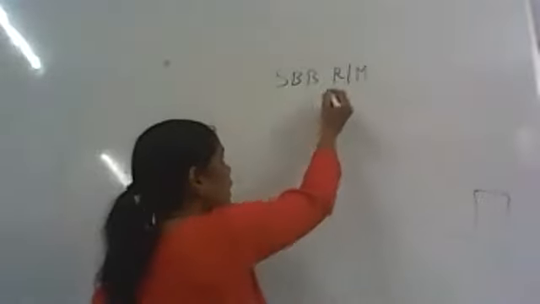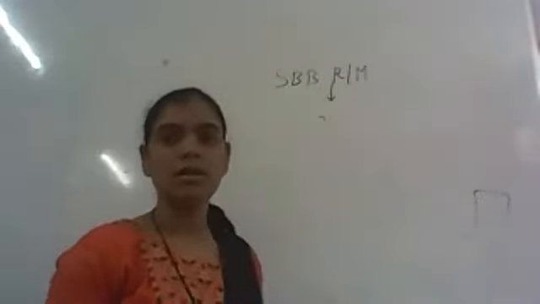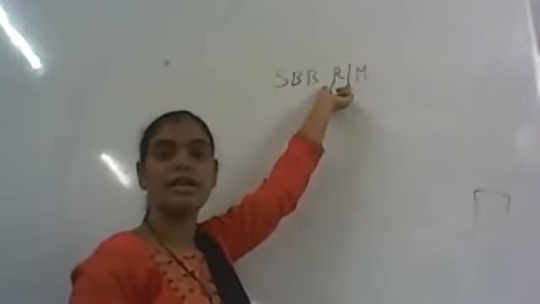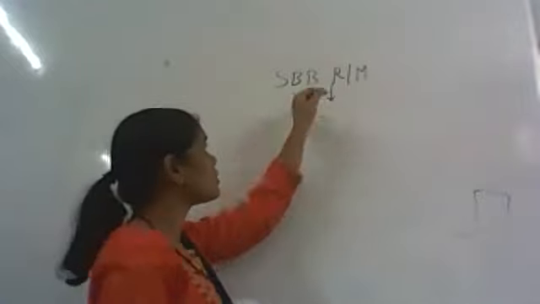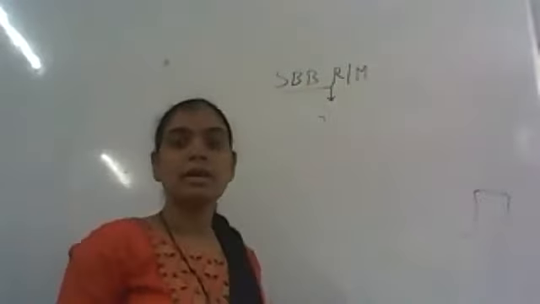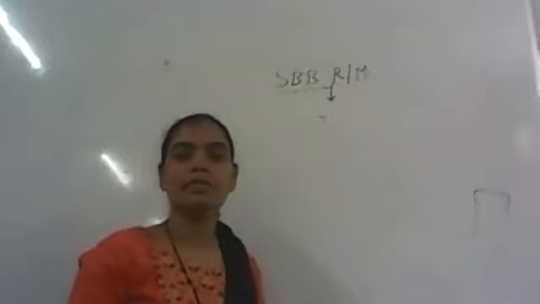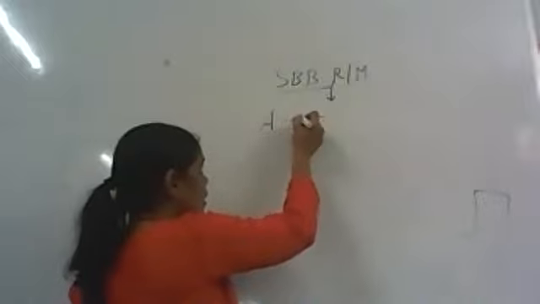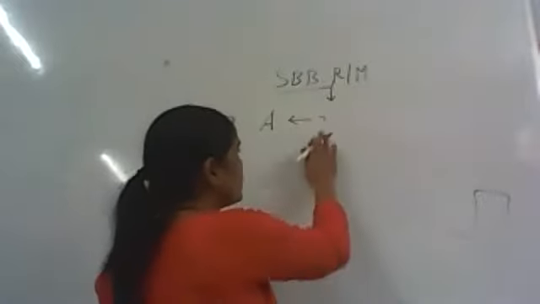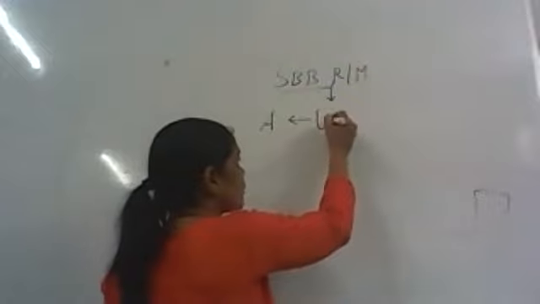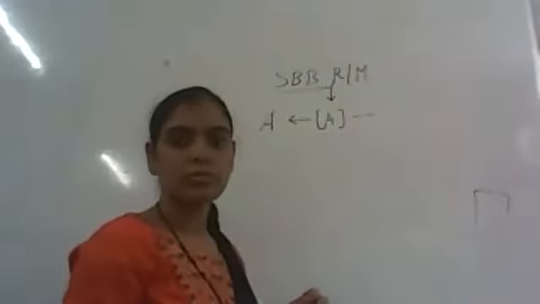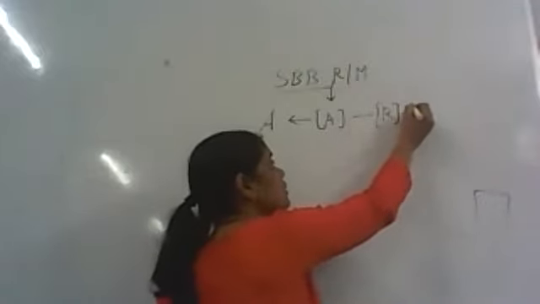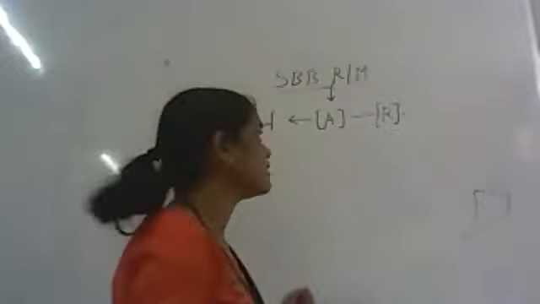When a register R is used as the operand, this instruction subtracts the register from the accumulator with borrow considered. The result is stored in the accumulator: accumulator minus register minus borrow, or you can say carry.